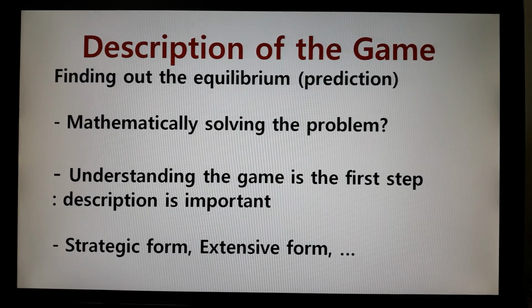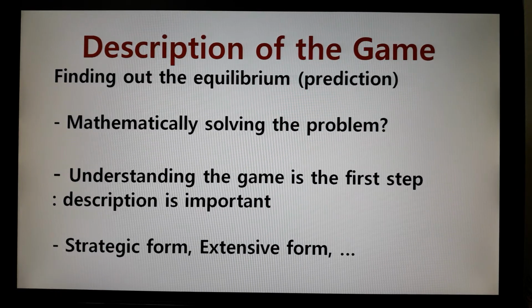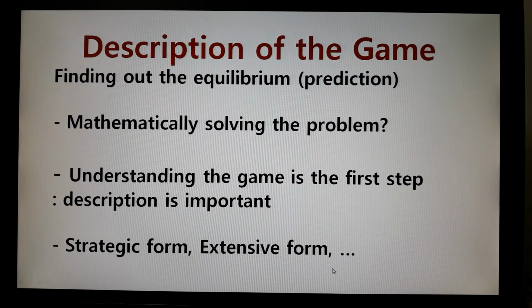Actually, once you have had hard training in solving game theory, like five or six years, you would realize these math problems are actually easier compared to understanding the real situation and describing the game. The strategic form and extensive form I'm going to introduce from now are the different ways of describing the game.